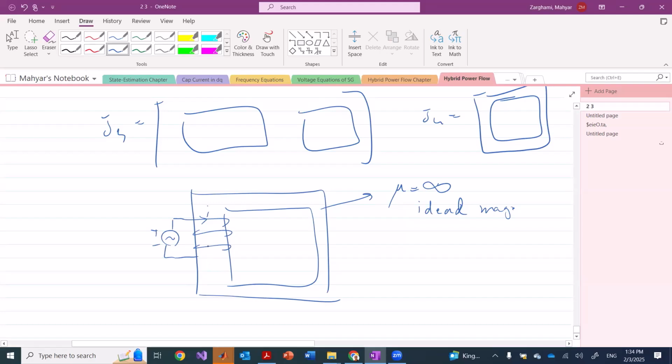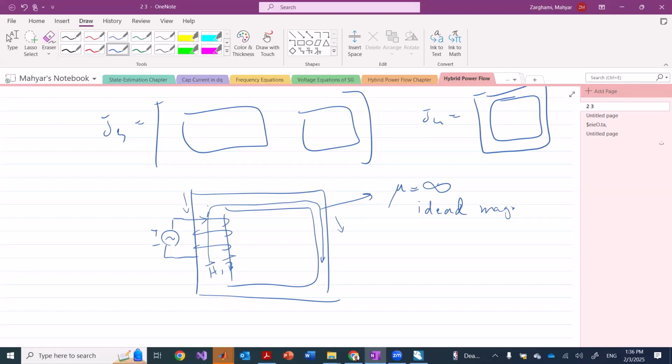So all the flux, H and B vectors, everything would go entirely inside this. The flux would go entirely inside the core. So there would be nothing in the air, nothing, none. This is because we have an ideal magnetic core in which mu is infinite.